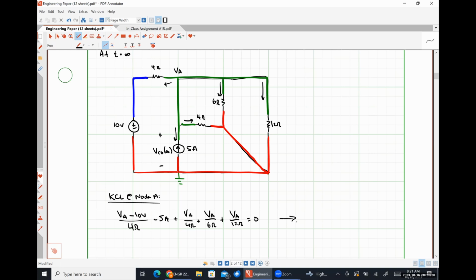0. Solving this one equation for VA, I'm going to throw it into my numerical solver on my calculator really quickly.